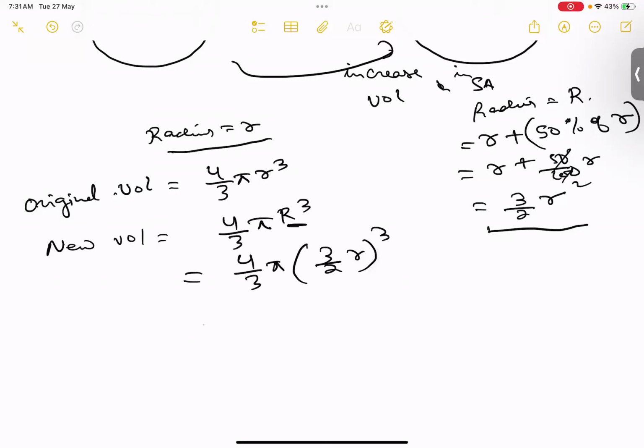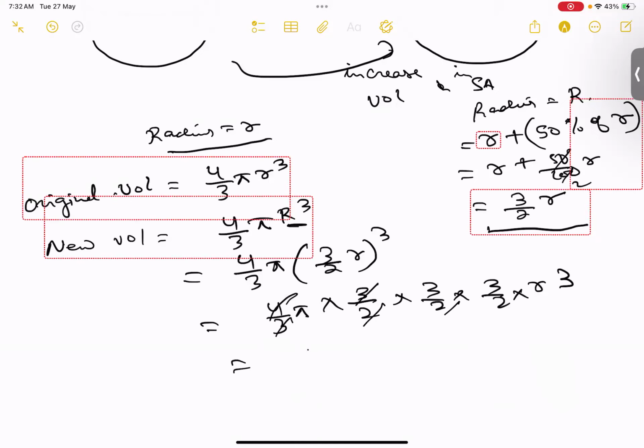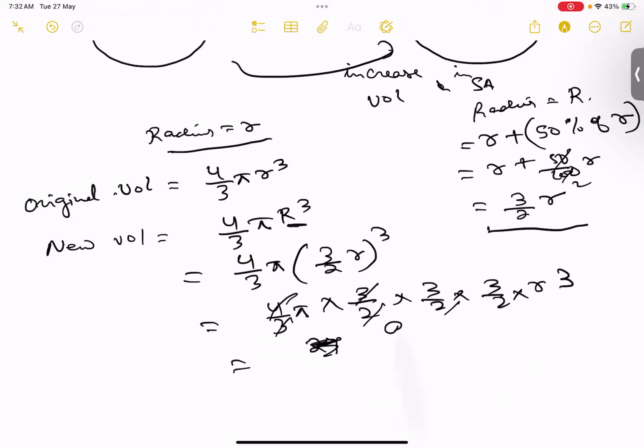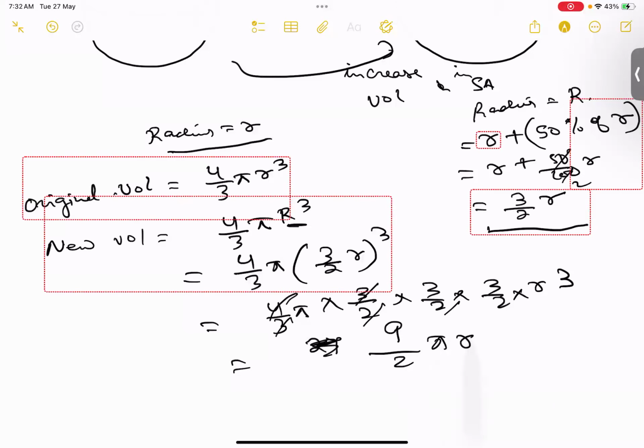So if you expand this, you'll get 4 by 3 by into 3 by 2 into 3 by 2 into 3 by 2 into r cube, right? And this one we get it as 3 3 is a 9, 9 by 2 by r cube, right? So original volume is this one. New volume is this one.